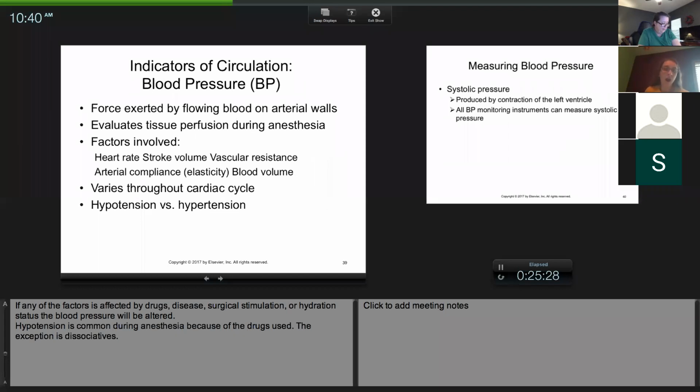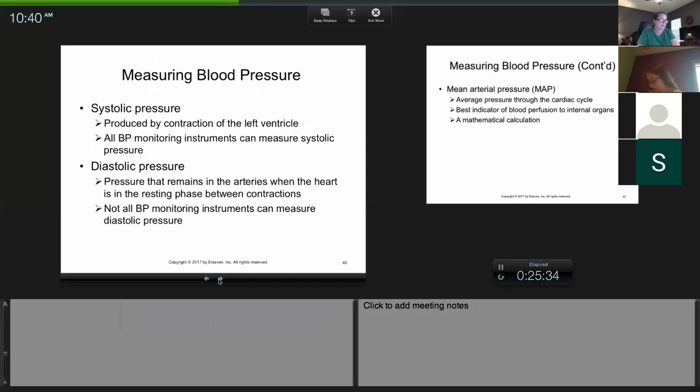And it says, what is the difference between systolic and diastolic pressure? Basically, systolic is pressure during systole, when the heart is contracting. Diastolic pressure is when the heart is relaxing. So it's the difference.